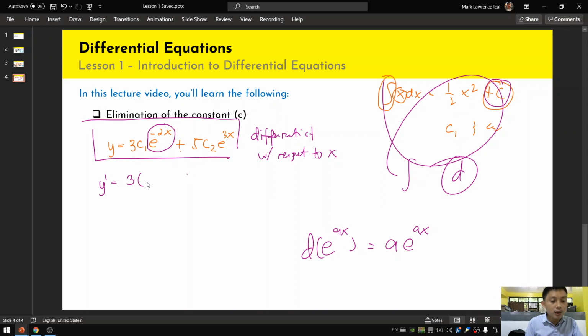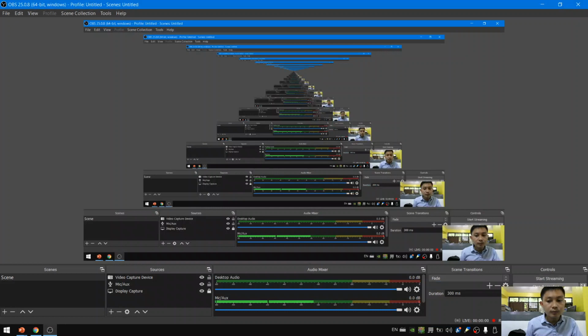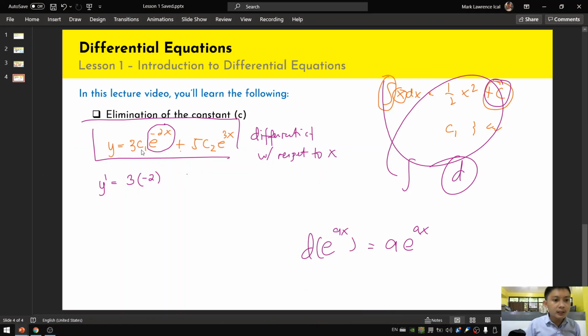So multiplied by 2x, and we have, alright, okay, going back. So where are we? Okay, so 3c1.